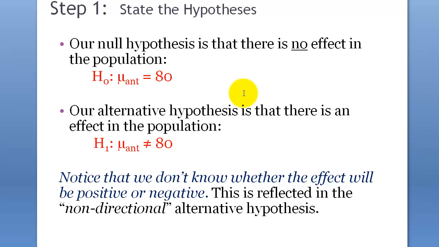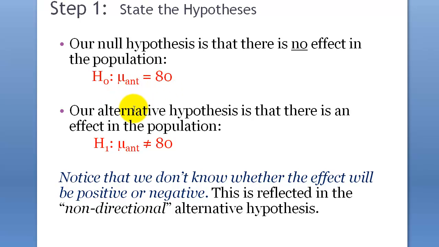Our null hypothesis is that there's no effect in the population. In this case, we're not saying no positive or no negative, so it could be either. So the notation is mu antioxidants equals 80, because the hypothesis is that there's no positive or negative effect, so it'll stay the same, so it's 80.